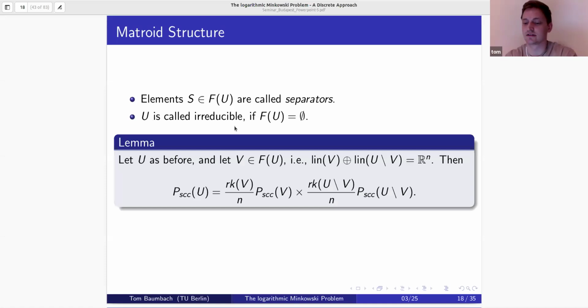Then we have a nice structural result from matroid theory: if we consider a separator V contained in the set F(U), remember that means that the linear span of V together with the linear span of the complement forms the direct sum of the whole space. Then we can write the subspace concentration polytope as a Cartesian product of two subspace concentration polytopes with a scalar factor before it. That's a nice decomposition, and this decomposition implies that it's enough to only consider irreducible sets U.